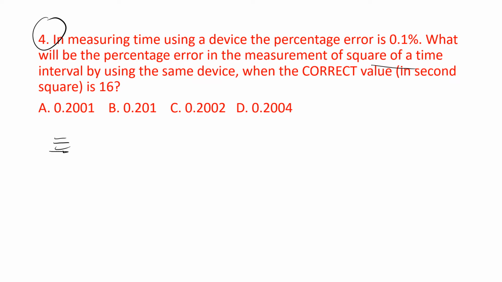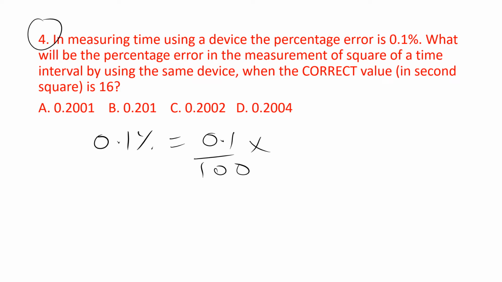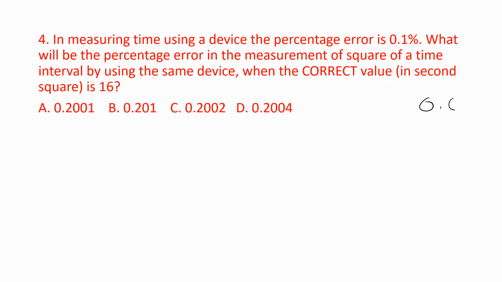The first step is to find the error in the measurement. 0.1 percent is 0.1 by 100 into the actual value 16, is equal to 1.6 by 100, and the value of 1.6 by 100 is 0.016. Anyhow, TCS is going to provide you a calculator, don't worry about calculation, guys. Put 0.016 aside.